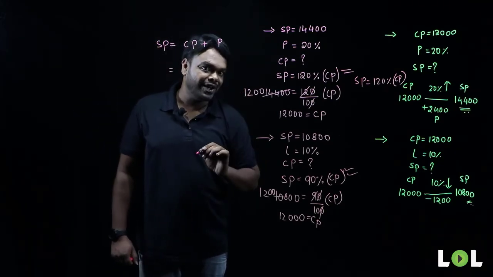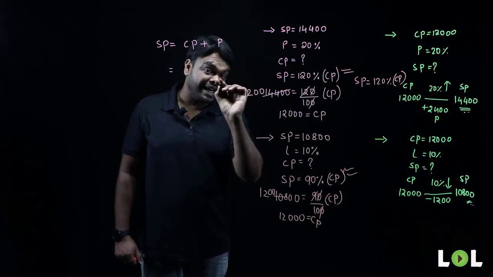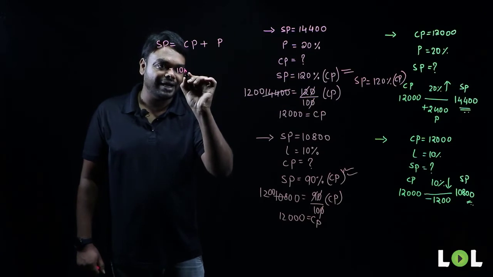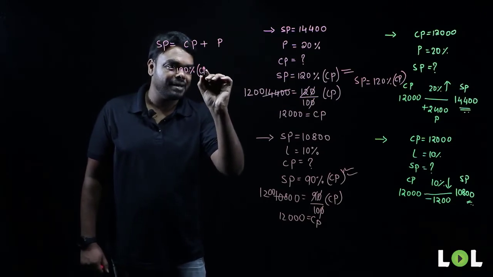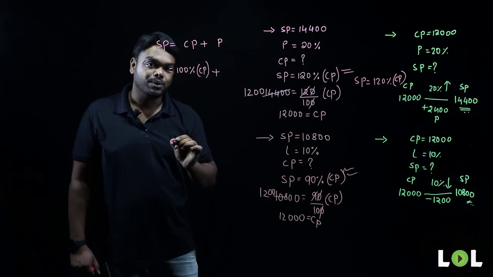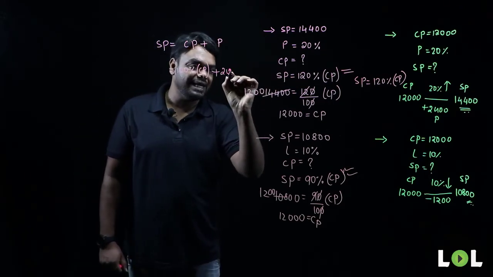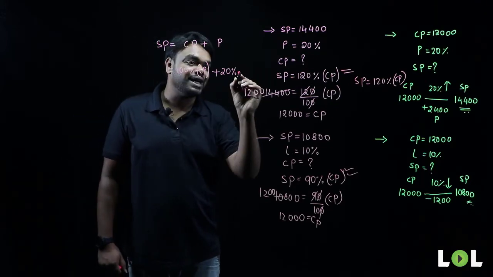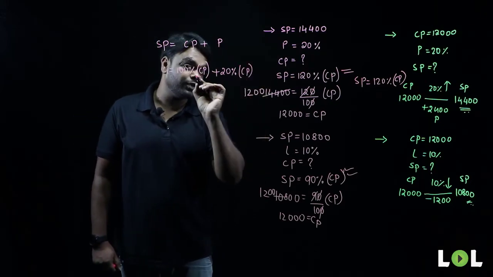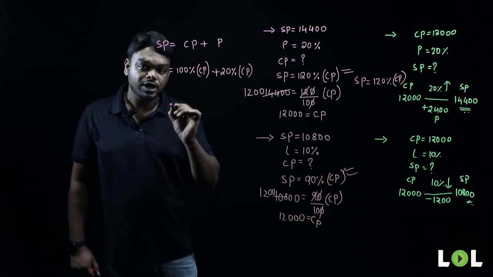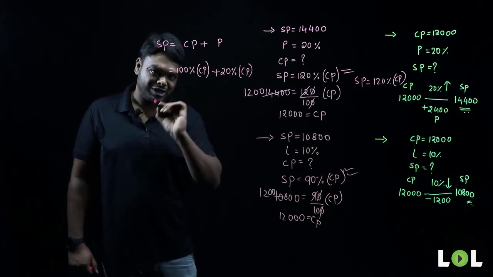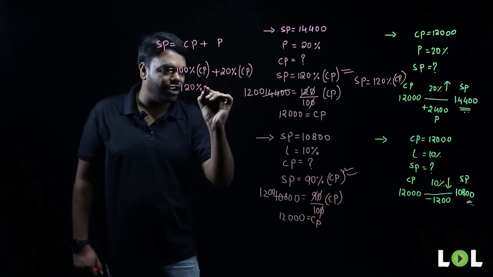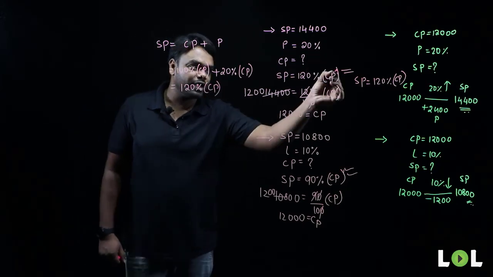In percentages we learned that X is also nothing but 100% of X. So when I say cost price, it is also 100% of cost price plus profit. What is the profit in this case? 20%. Now 20% of what? Profit is 20% of cost price, because we also saw that be it profit or loss, we should always compare it with the cost price. So altogether this becomes 120% of cost price. So this is how we got this relation.